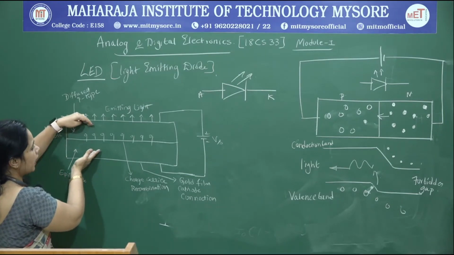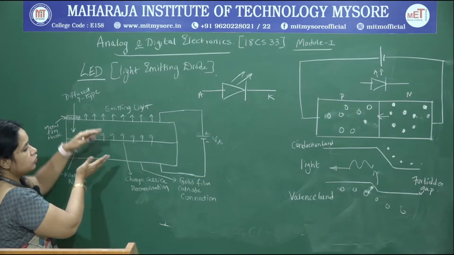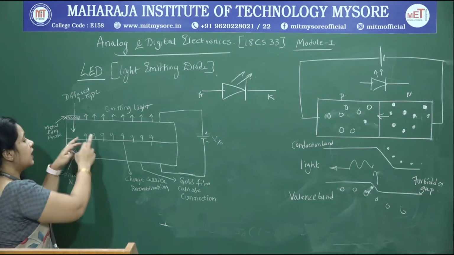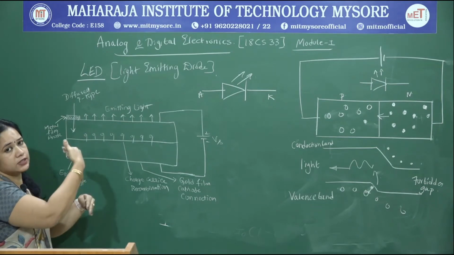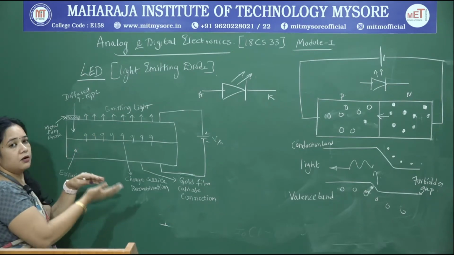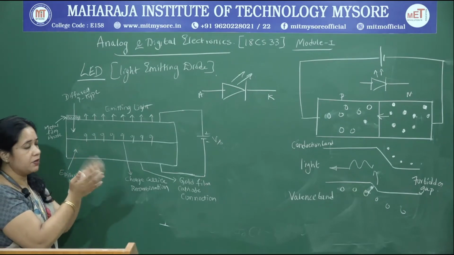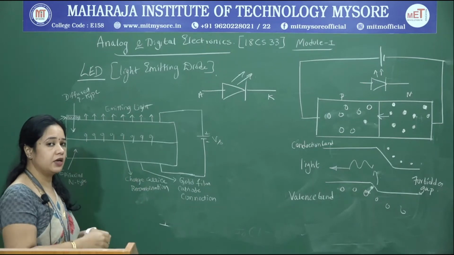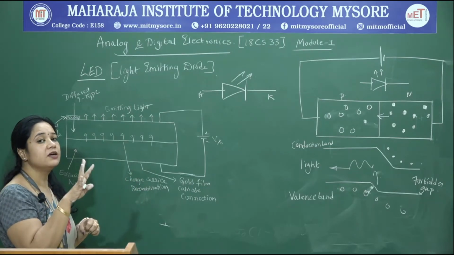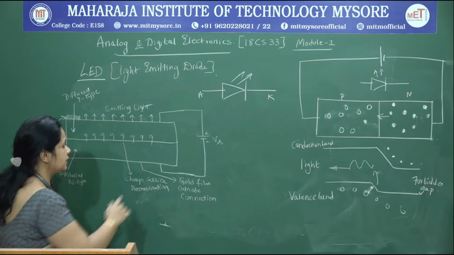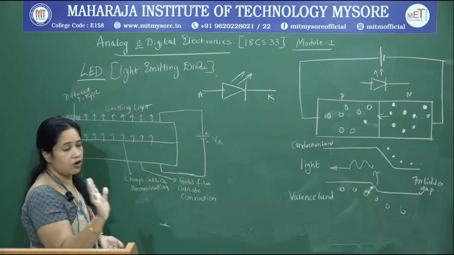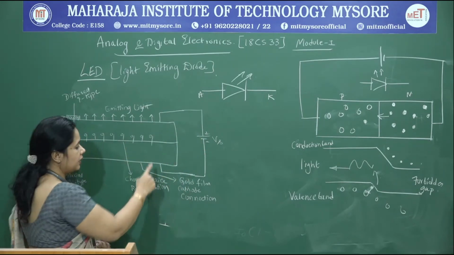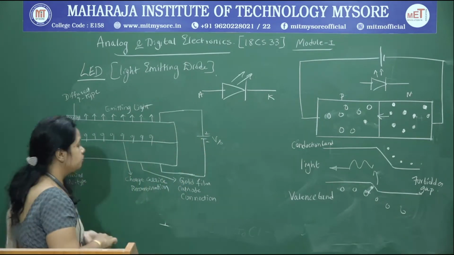When you bring a p-type and an n-type semiconductor together, there is diffusion of holes into the n region and electrons into the p region, forming a depletion region. Please note, this is a diode which starts emitting light when it is forward biased. Essentially, this needs to be forward biased, so we connect the p-type to the positive of the battery and the n-type to the negative of the battery.